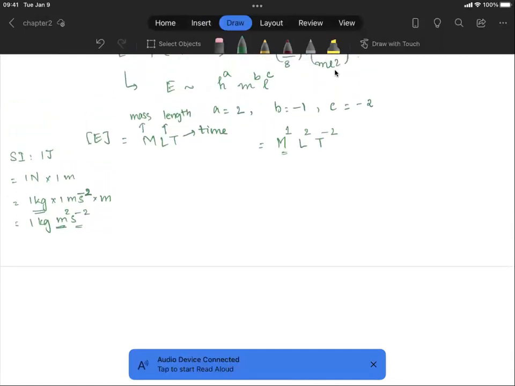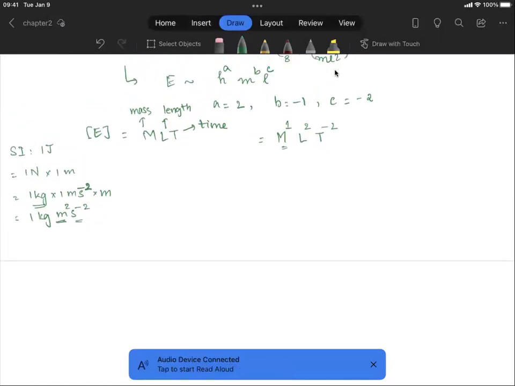right? So we need to show that for h to the power a, m to the power b, l to the power c, the dimensions of this should be equal to this. We know that the dimensions of this should be equal to this if energy is a function of something like this.